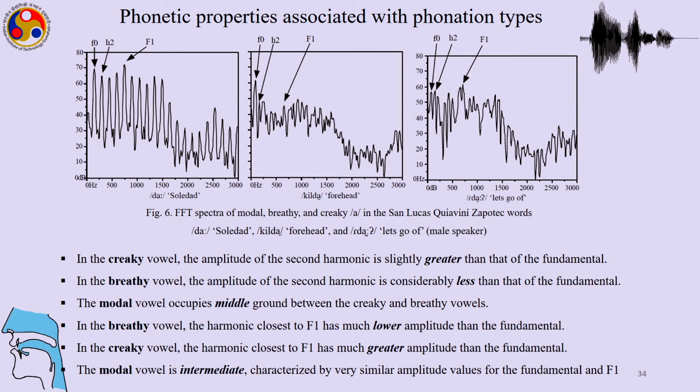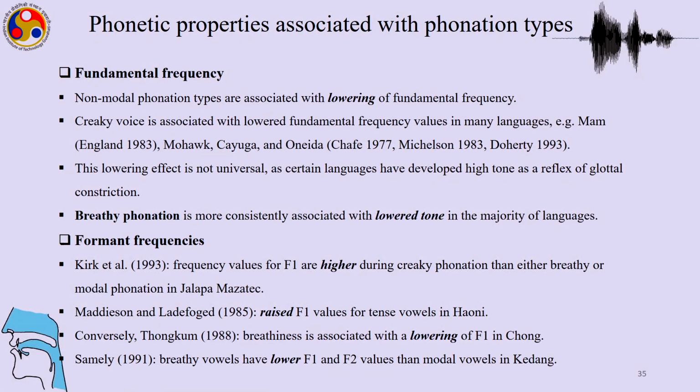So this acoustic information is considered very important in distinguishing the differences between breathy, modal and creaky, even though we initially saw a continuum which was proposed based on the aperture. But as you can see, we need more fine-grained acoustic information to distinguish between these phonation types.